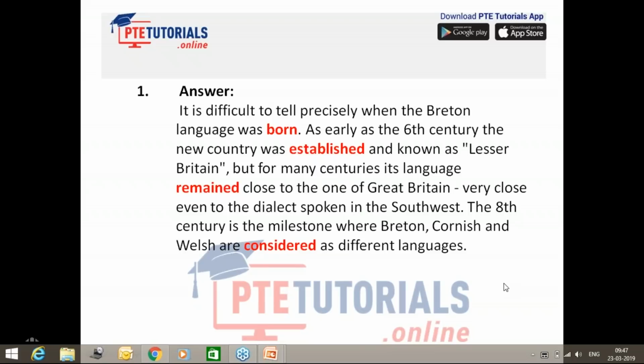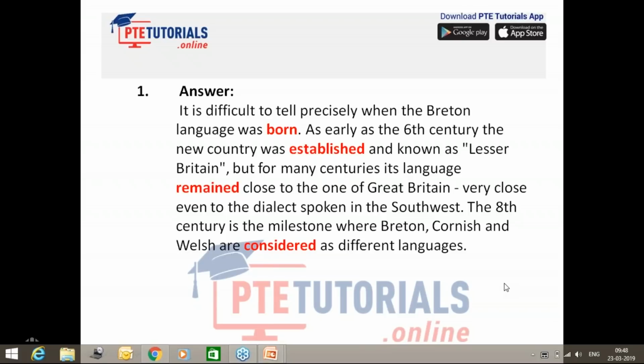Then, but for many centuries, its language remained close to the one of Great Britain. And this is just the similar one you need here. Second form of verb, it's an easy one, very close even to the dialect spoken in the southwest. The 8th century is the milestone where Breton, Cornish and Welsh are considered as different languages.